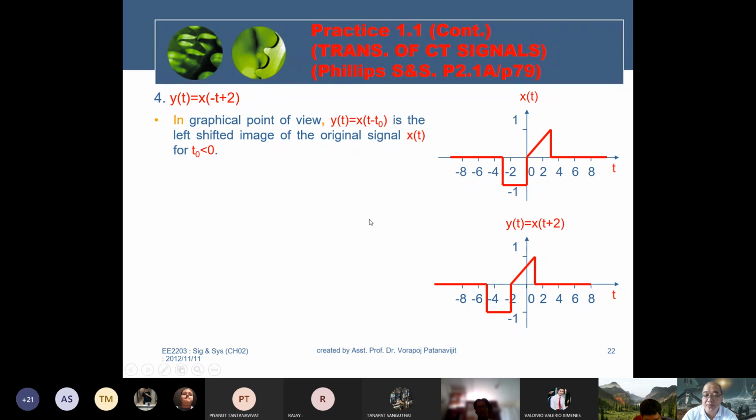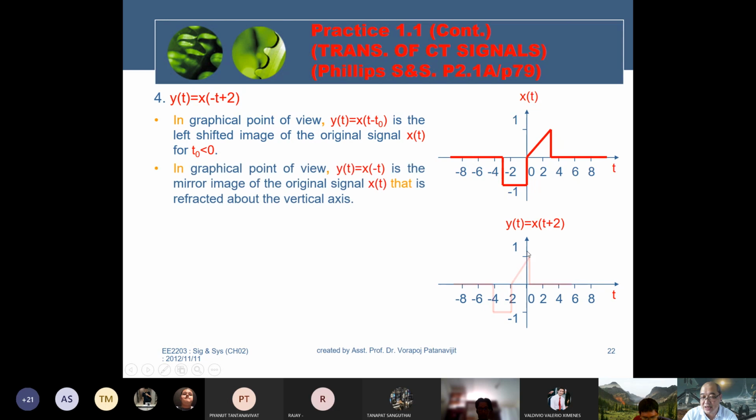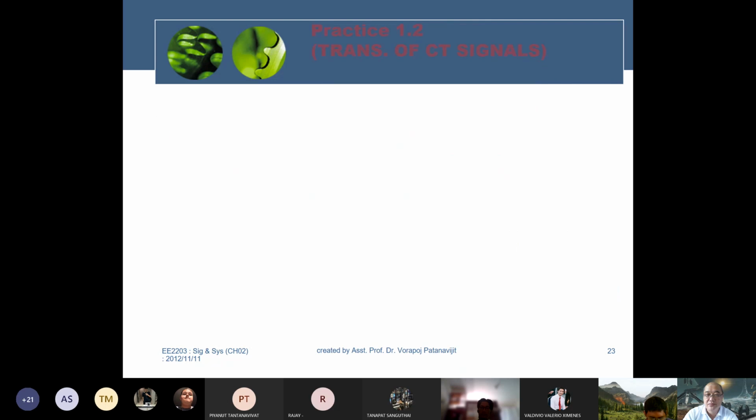In this case, t0 equal to minus 2 is negative. You shift to the left-hand side by 2 points. After that, in the next step, you take the time reversal with respect to the vertical axis. Flip them about the vertical axis. Time reversal is the mirror image of the original signal x(t) reflected about the vertical axis.